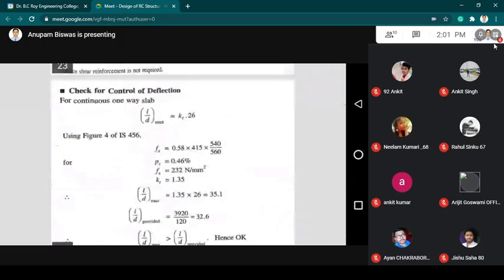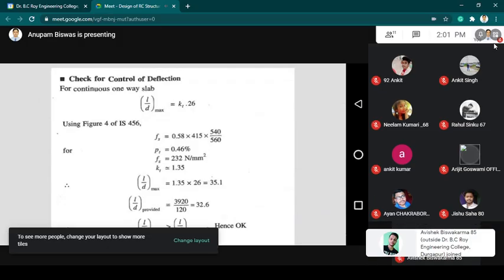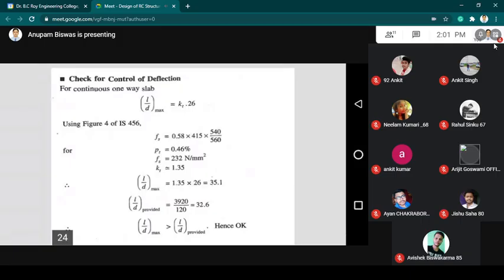Next, finally, is the check for control of deflection. That is obtained from Figure 4 of IS 456. For the corresponding value of L/D max, that is KT into 26, we obtain the value of Fs for the corresponding PT of 0.46%. So Fs turns out as 232 N/mm².